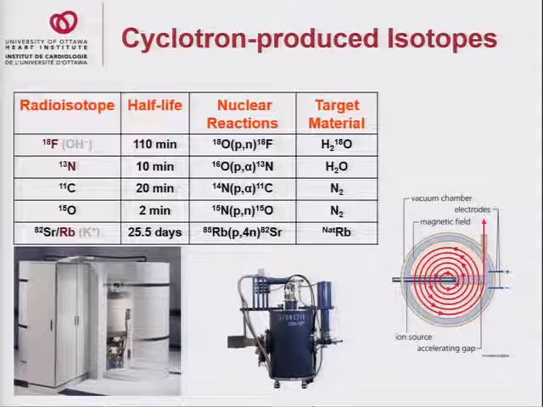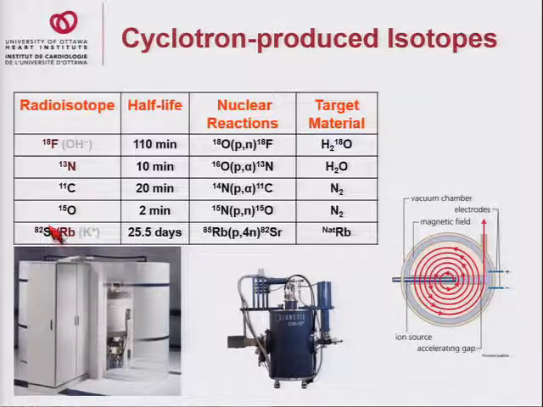A conventional PET cyclotron will make really four principal isotopes: fluorine-18, which, as I mentioned, can be used in chemistry to substitute for hydroxyl groups; N13, which has a shorter half-life of 10 minutes and is used almost exclusively for N13 ammonia labeling, a perfusion agent; carbon-11; and oxygen-15, which has been used in research for many years to label water, which is really our gold standard for blood flow quantification.